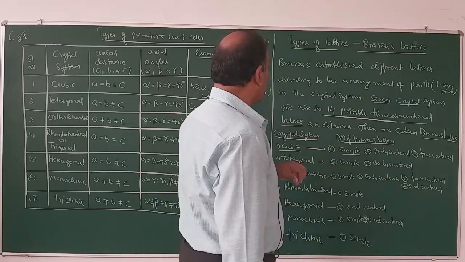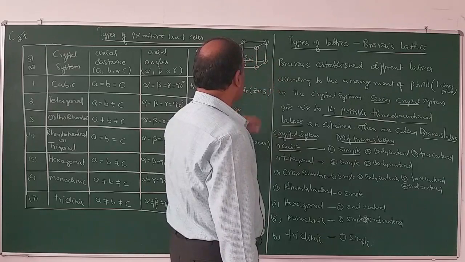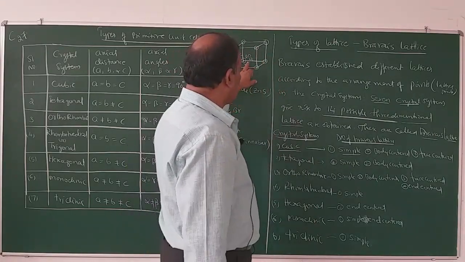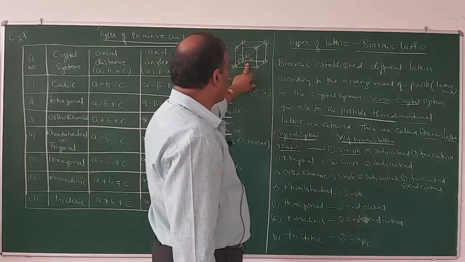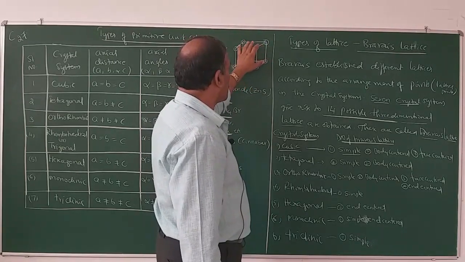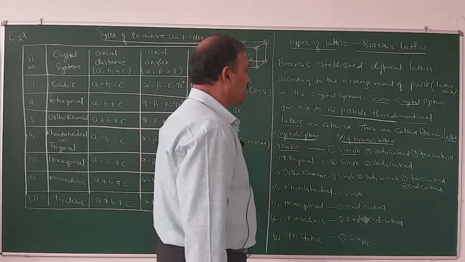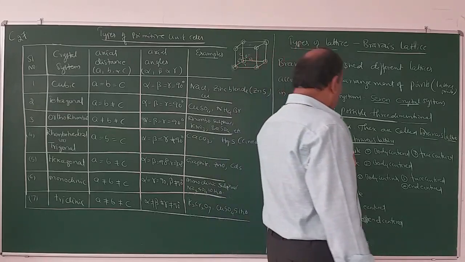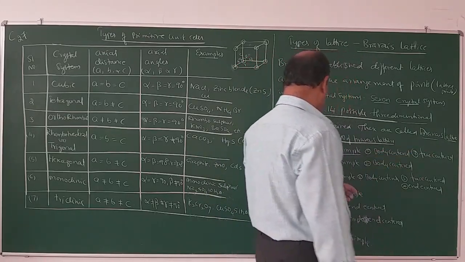Coming to body centered, in addition to points at the corners, if a point is present at the center of the body, this is another structure, that is body centered. Face centered, in addition to points at the corners, if the particles are present at the center of each face, that becomes face centered. So in cubic there are three types of arrangement which give three types of lattices.